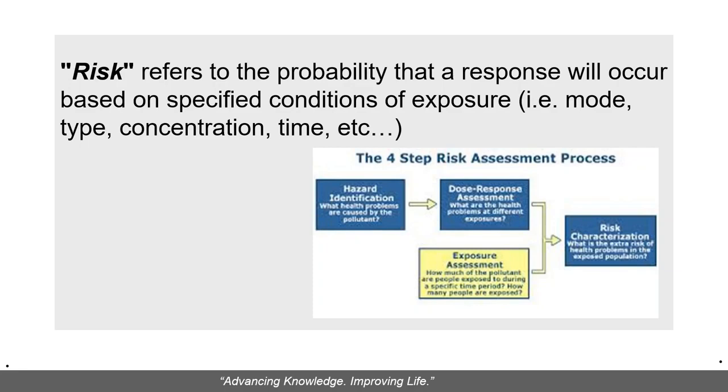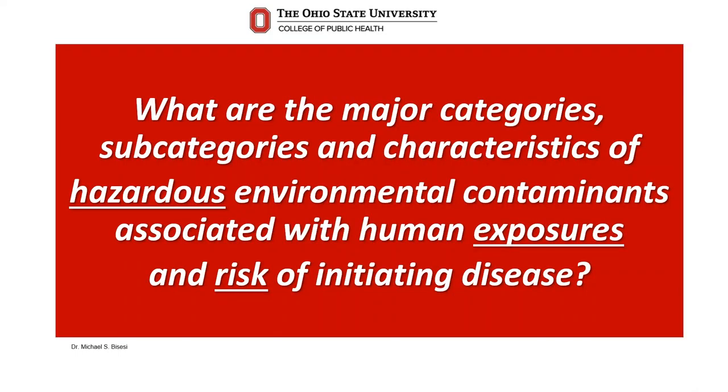So then, what are these hazardous environmental contaminants, and what do they have to do with that interface between humans and their environmental settings relative to exposures, and following exposures, the probability that there will be a change such as an increased risk of initiating some type of related disease.